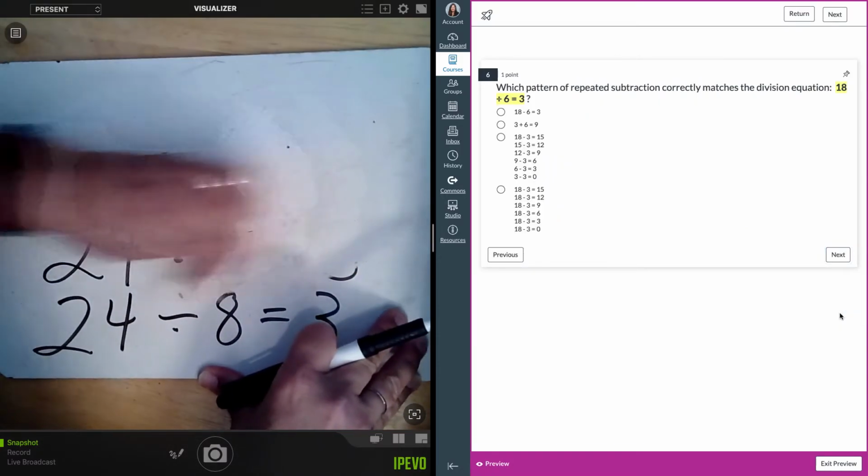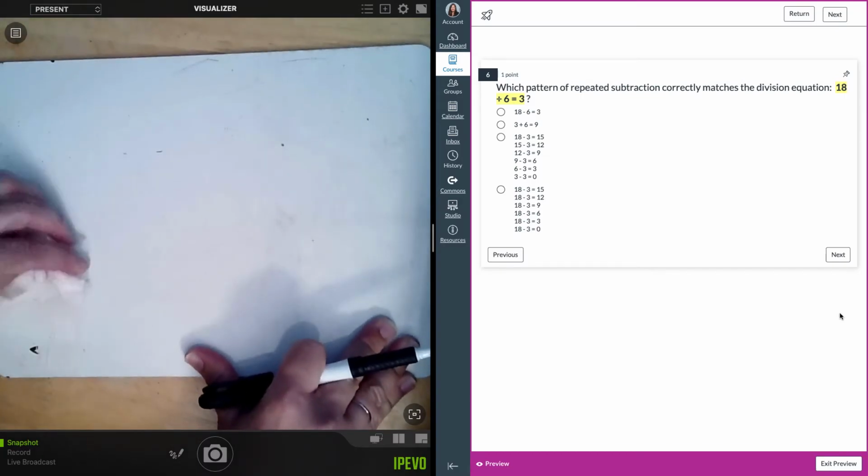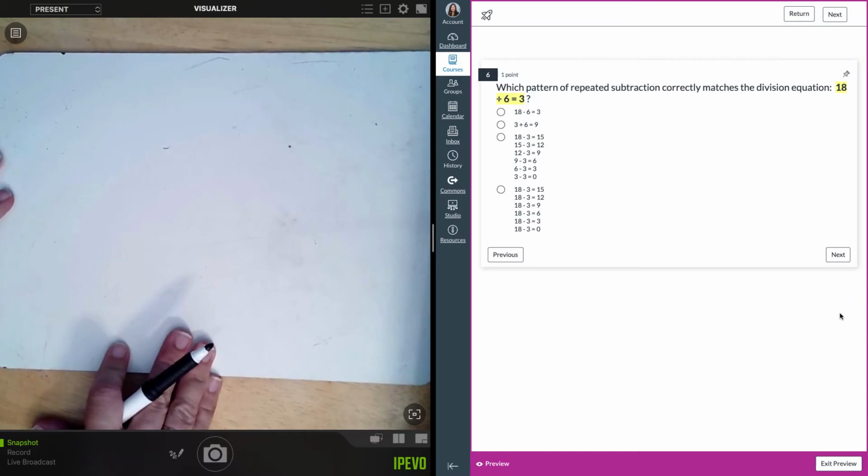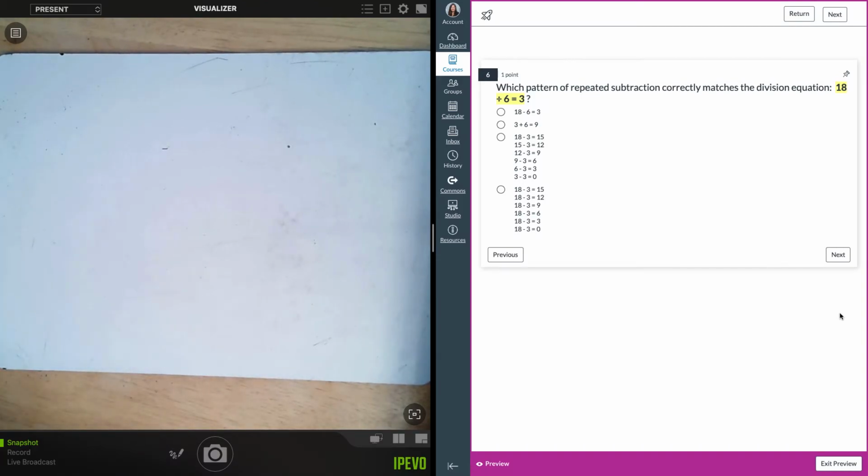This says, which pattern of repeated subtraction correctly matches the division equation 18 divided by 6 equals 3. So it says repeated subtraction, so I know it can't be the first one. There's no repetition there. The second bubble is addition. So I have to look between here and here.